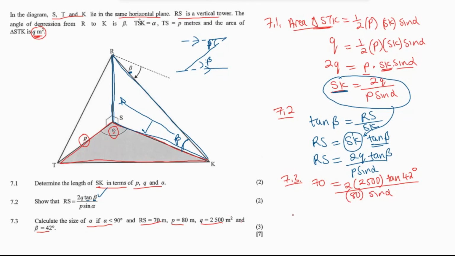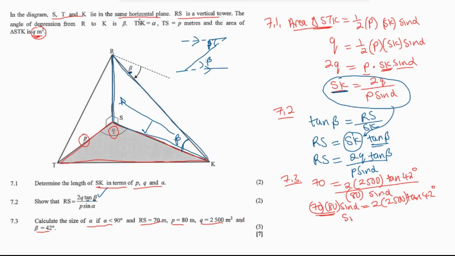We're looking for alpha. So what can we do here? We can multiply by 80 sine alpha on both sides. So we have 70 times 80 sine alpha is equal to 2,500 tan 42 degrees. We want sine alpha, so we divide by this on both sides of the equation.